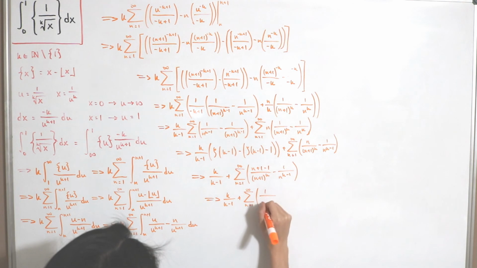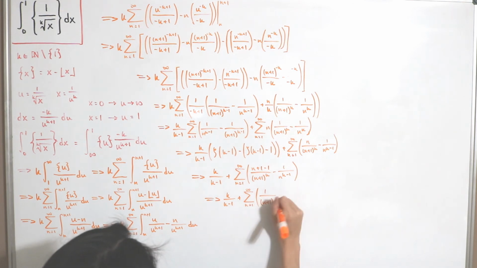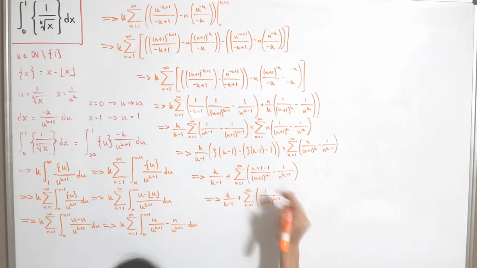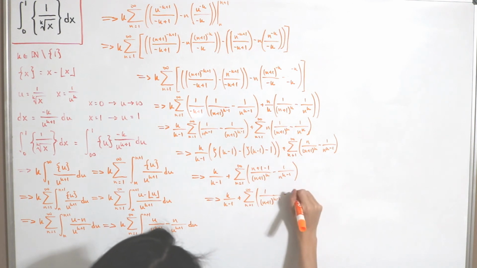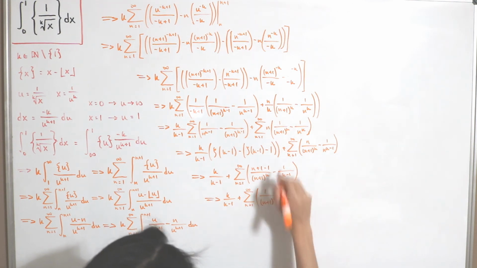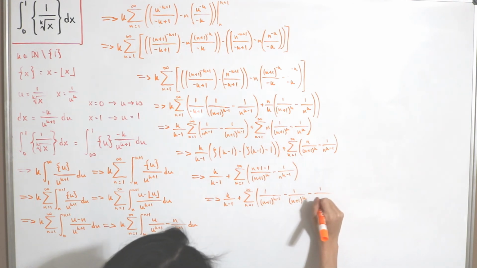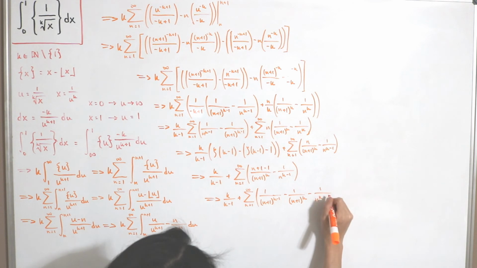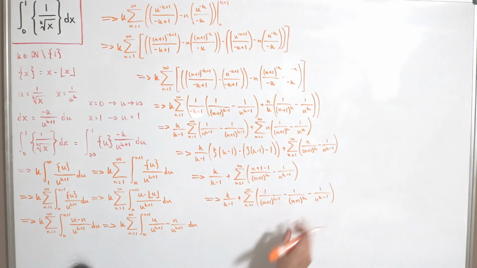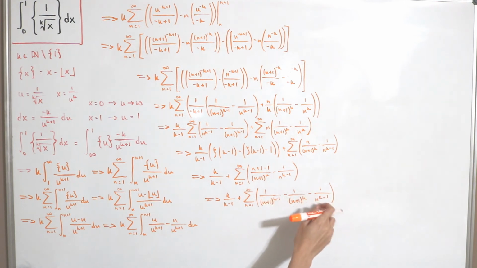This can be rewritten as 1 divided by n plus 1 to the power k minus 1. And over here we have a negative 1, so subtract that with 1 over n plus 1 to the k, and this will still remain the same, minus 1 divided by n to the power k minus 1. Now I can just switch our terms, so really, minus 1 over k minus 1.